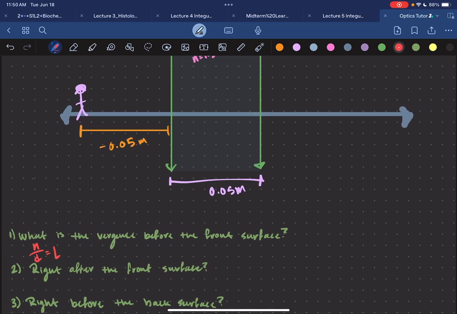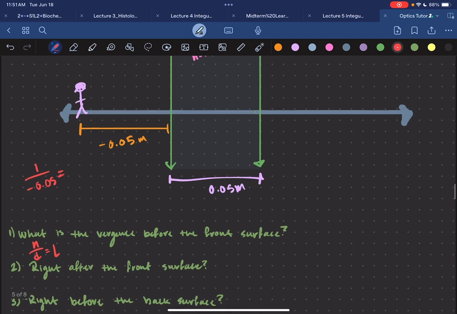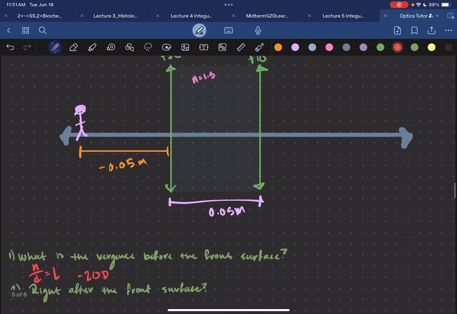So that would be a negative 1 divided by a negative 0.05, and that gives us negative 20. Because it's negative 20, that's diverging light, so negative 20 diopters. Sweet. That gives us the divergence right here.